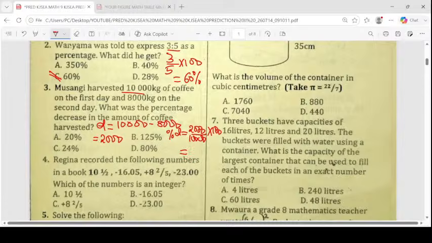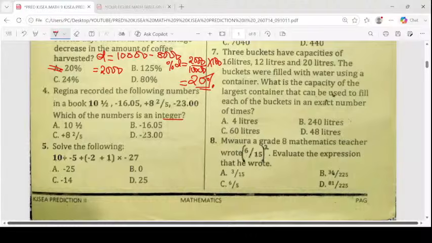Question 4 asks which of the following numbers is an integer. One major thing, learners, you need to know is that an integer must be a whole number. Decimals and fractions are not part of the integers.